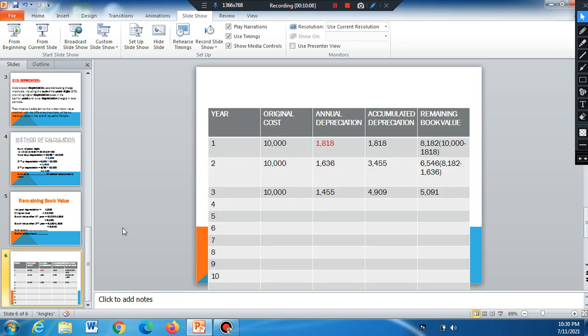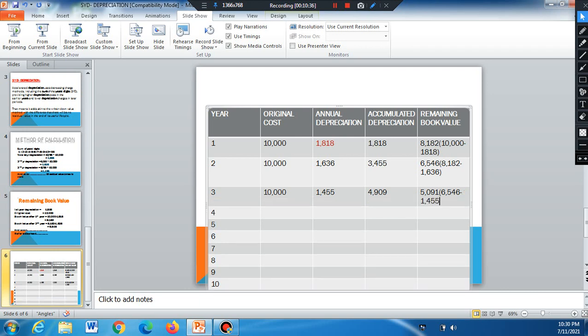So this 1455 will be added to previous year depreciation and giving you this value. And in the third year, what will be the remaining book value? 6546 minus 1455. Okay, this will give you 5091, right?